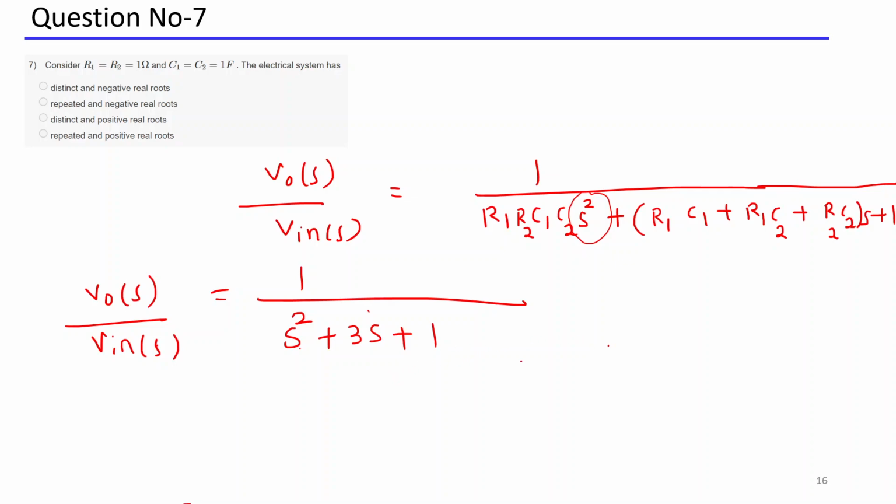Now you solve this question, sir. You just need to find out the roots of this equation, S square plus 3S plus 1 equal to 0, then find out S1 comma S2.